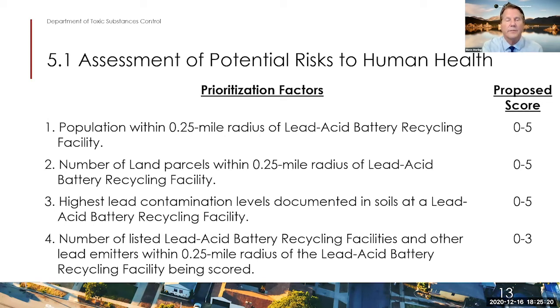This factor attempts to account for potential past releases of contamination. The more facilities and lead emitters in proximity to the lead acid battery recycling facility being scored, the higher the score for that factor. Next slide, please.